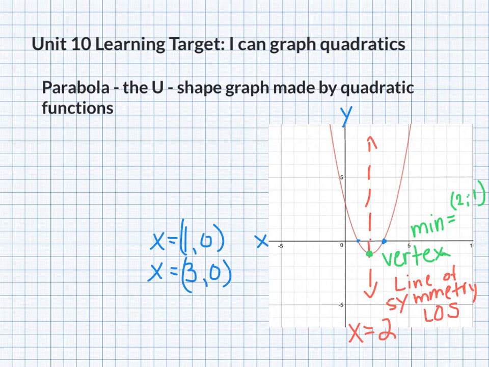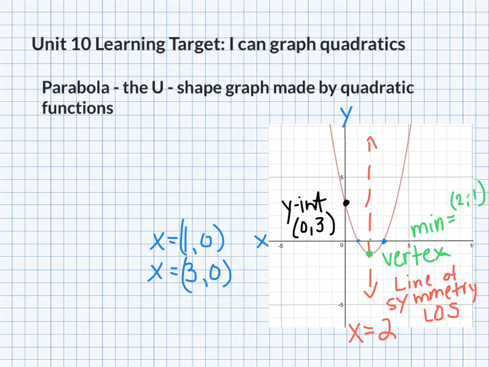I can also see that there is a y-intercept, and that point is (0, 3). That's where x equals 0.